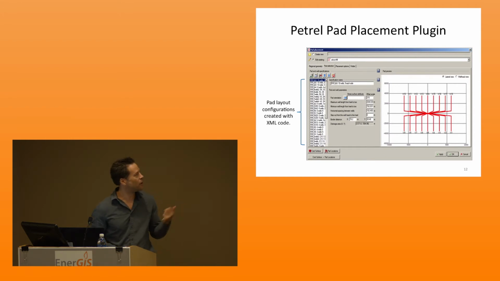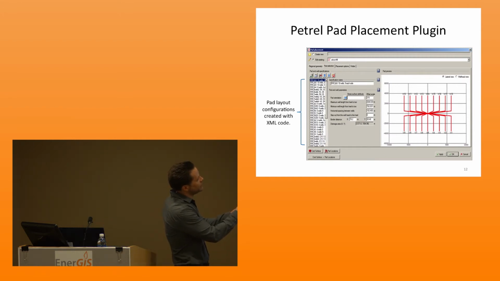The next tab in the plugin is the pad selection tab. Each one of these is a pad configuration. You're looking at this one. It's 18 wells, so it's a 9 by 9.